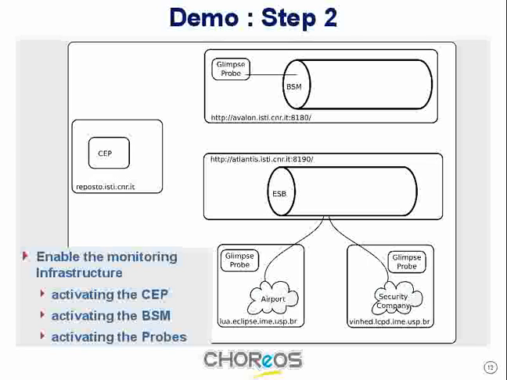In particular, activating the CEP, the complex event processor that allows us to correlate events at different levels, and the BSM, the business service monitoring. Those parts of the architecture collect and analyze events happening on the ESB and try to identify possible violations of contracts, SLA violations.